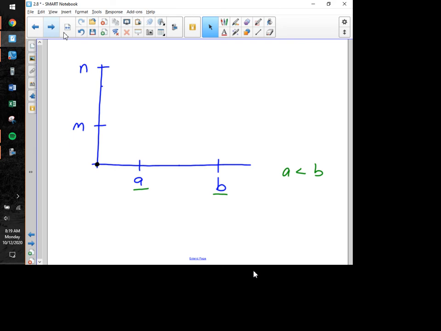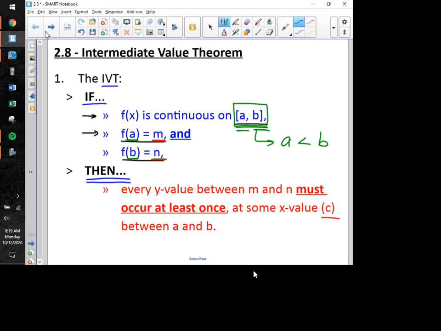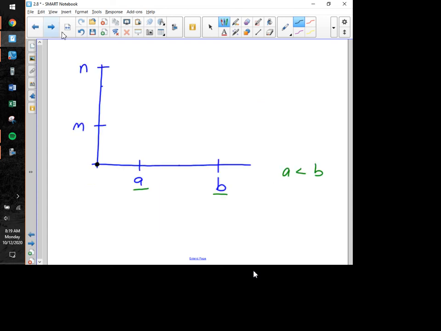Now, here's what's going on, guys. In order to satisfy the hypothesis of this theorem, I'm actually going to talk about the three conditions out of order a little bit. I'm going to start with the second one right here. Very simply, f of a is equal to m. So I've randomly put m somewhere on my y-axis. A is here on my x-axis.